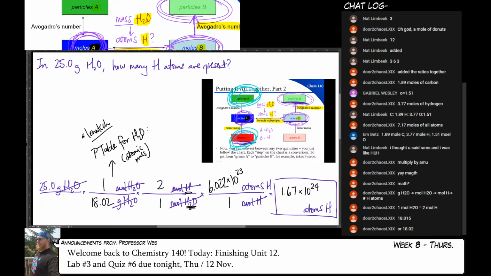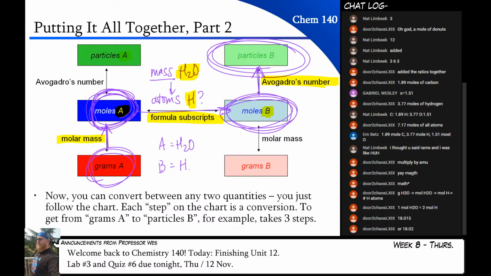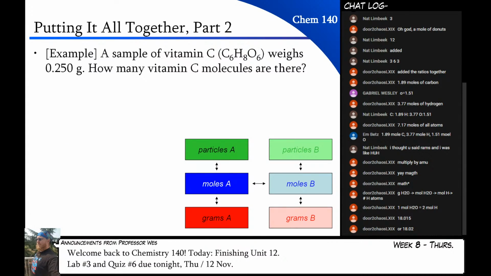And I'm actually going to do that on the next slide here. So you have to be careful that you know where you're going on the little chart. Okay, so read the problem carefully because this problem shows what happens if you go down the wrong trail. So I have a sample of vitamin C, and I have a mass. And I want to know how many vitamin C molecules there are.